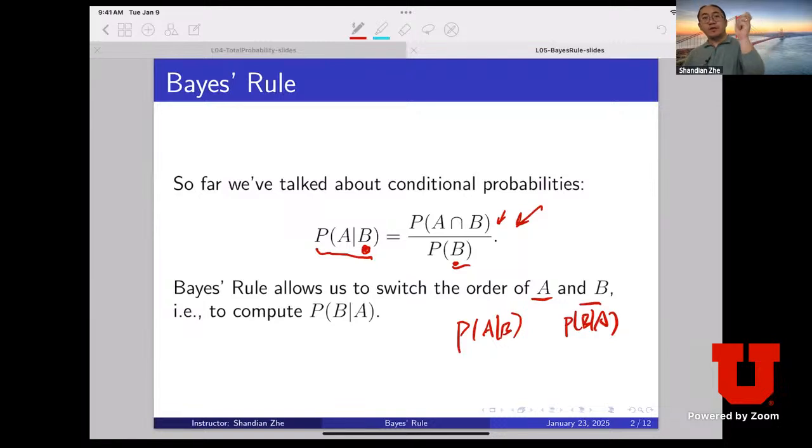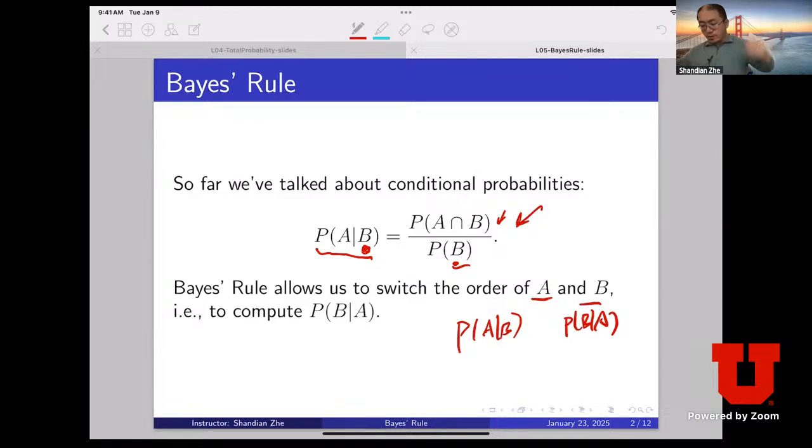Remember, it's just a switched order. The first one is A conditioned on B. The second one is B conditioned on A. And Bayes rule tells us what their relationship is. Conceptually they're different, and numerically they most likely are different as well.